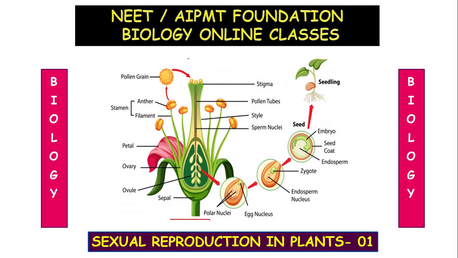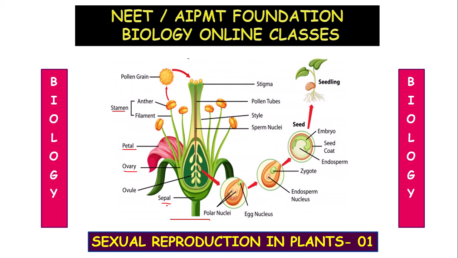A typical flower has 4 whorls. What are they? Sepals, next petals, next stamens, next carpel or ovary, the gynoecium. They have different names. You are already familiar, in 7th class itself you have studied.